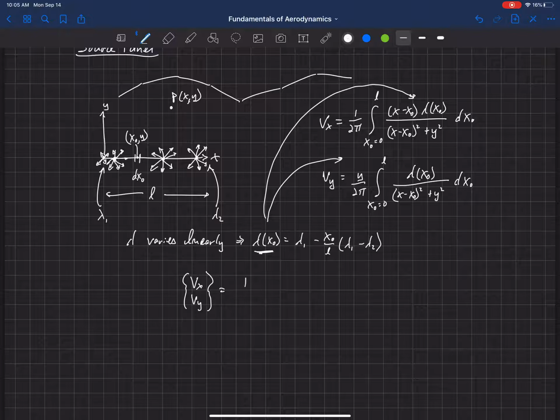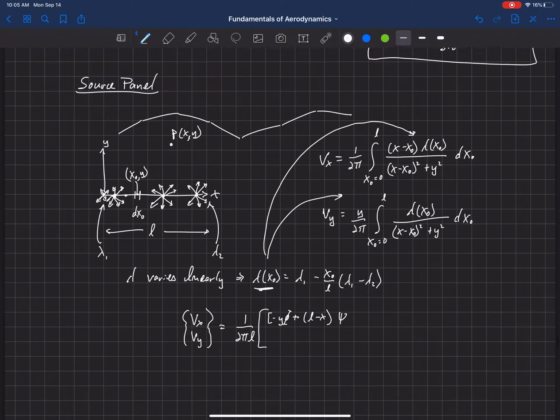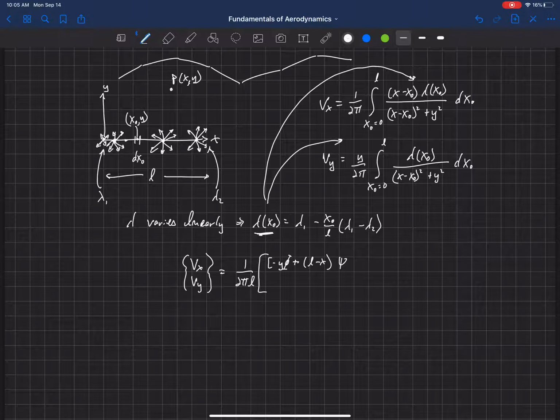So what we'll get is 1 over 2 pi L times, let's see, minus y capital phi plus L minus x capital psi plus L. I'm writing this in matrix form, so it simplifies it just slightly.